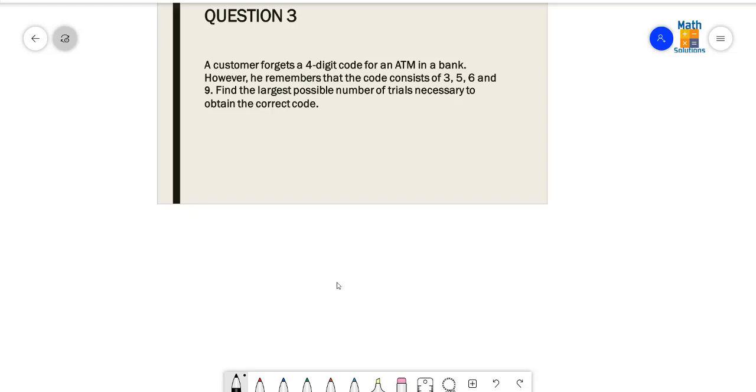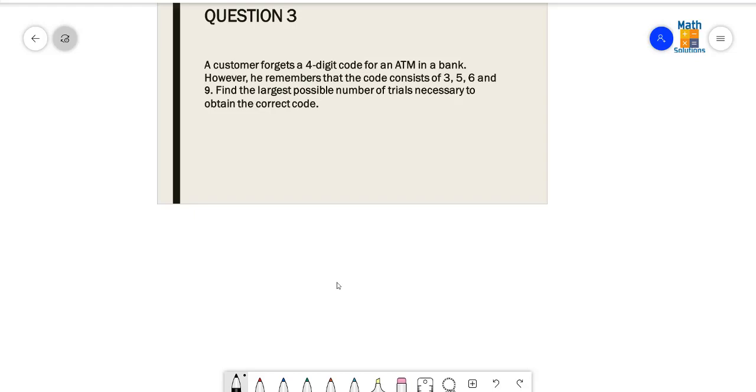As the man doesn't remember the 4-digit code for his ATM, there is only one way out to find the correct code, by making trials of all these 4 digits. Actually, in how many arrangements these 4 digits can be arranged, that has to be found out.